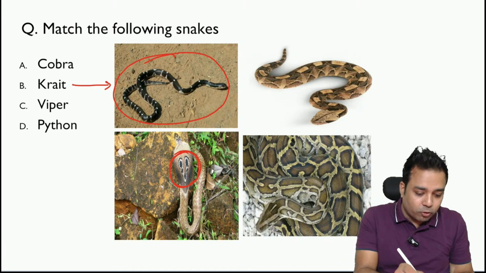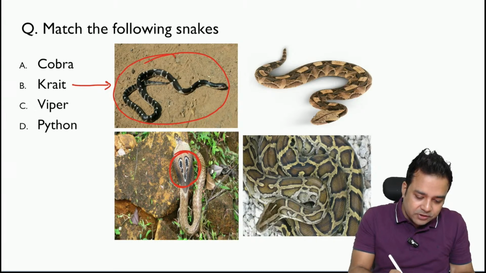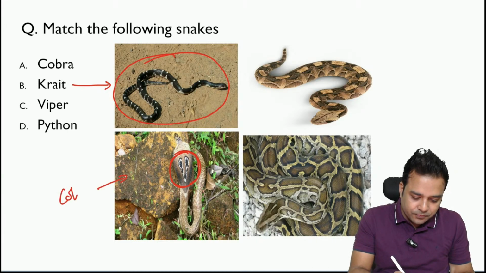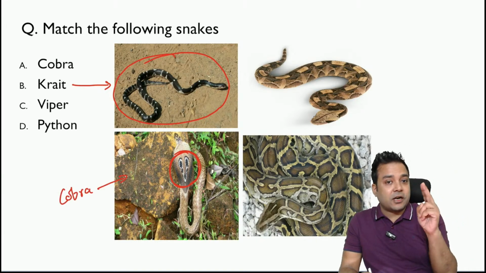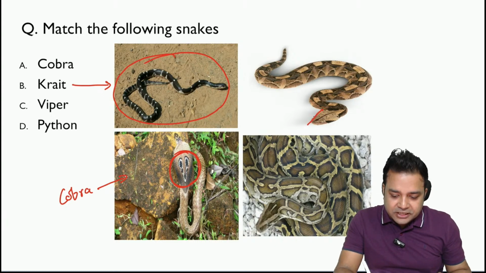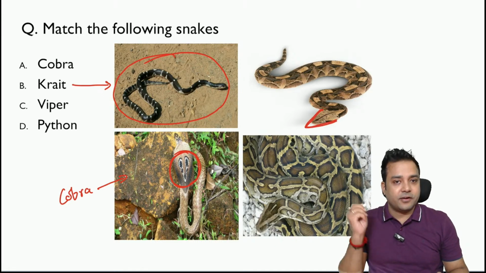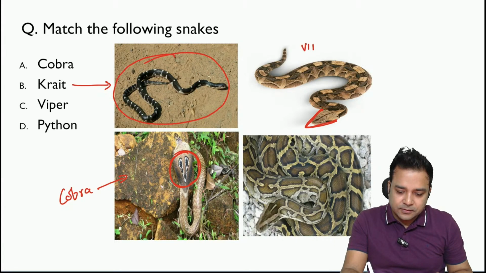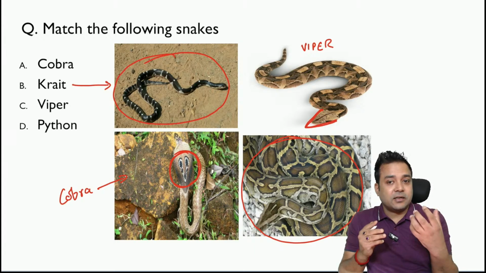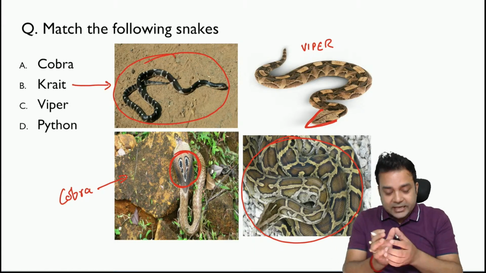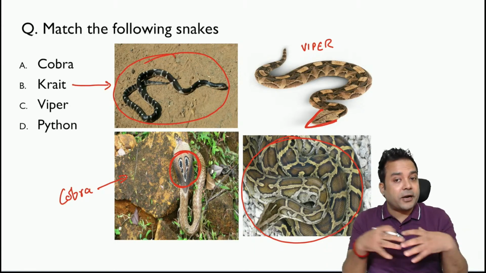To be exact, common cobra. So cobra will match with this one. Then vipers start with V alphabet and they have a V-shaped head. So this goes with vipers. And this one goes with python. Python actually kills the prey by encircling it and leads to traumatic asphyxiation.